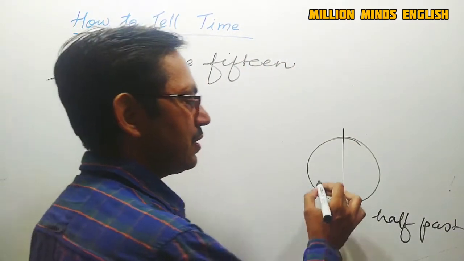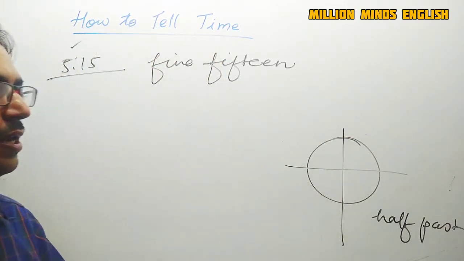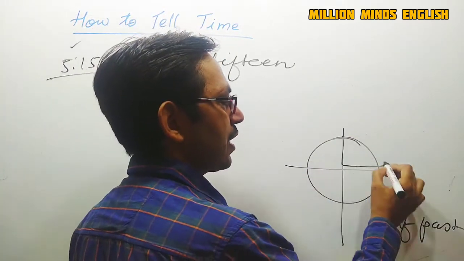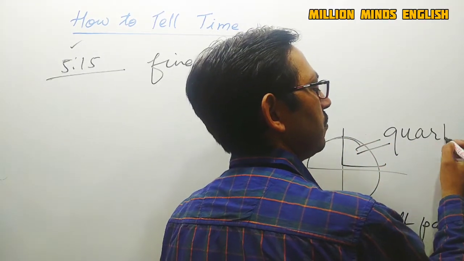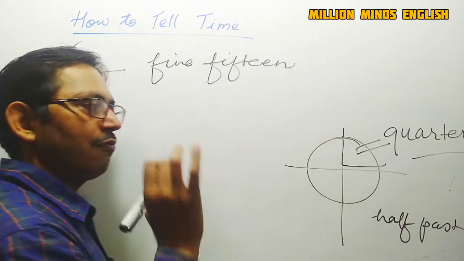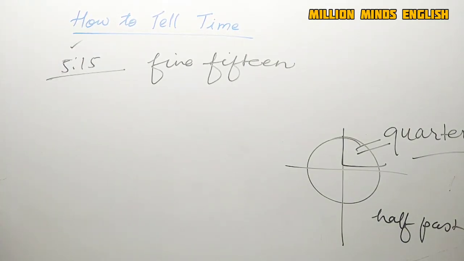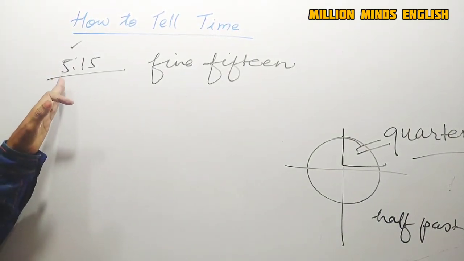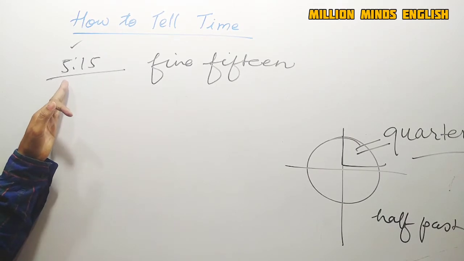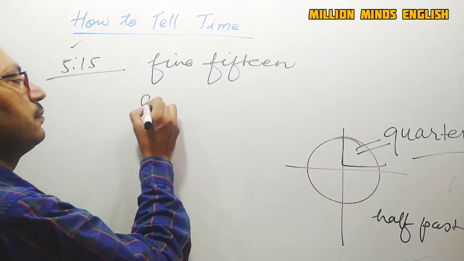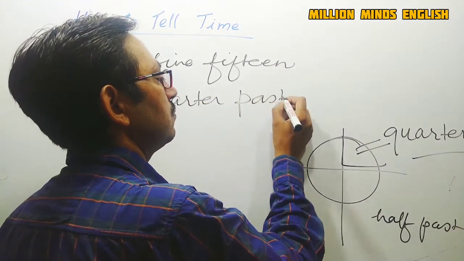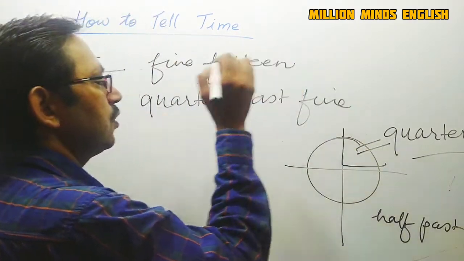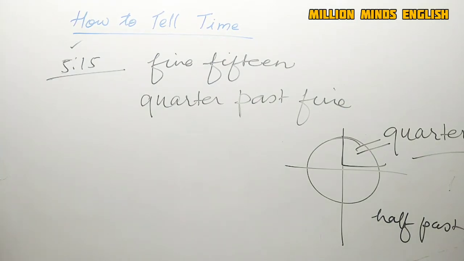And if you divide it into four parts, then this part, this segment is called quarter. So if you have this time, then you can say quarter past 5. Or second method, another method, quarter after 5.